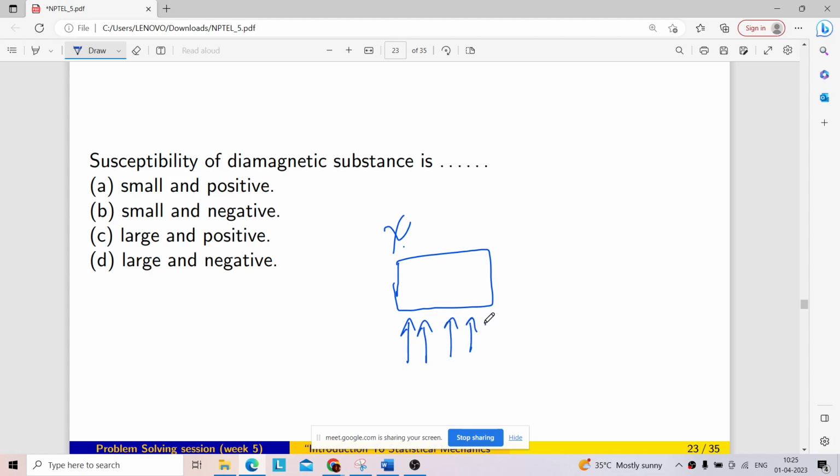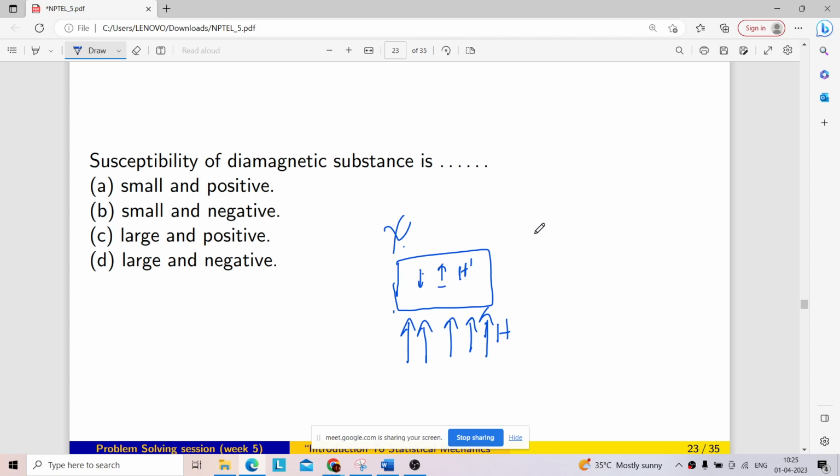So if we apply an external magnetic field on a material, then what will happen? Some induced magnetic field will be there, whether it is opposing or in the same direction, whatever it may be, but some induced magnetic field will be there, right?